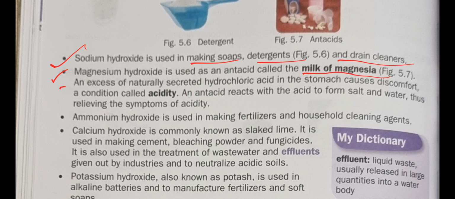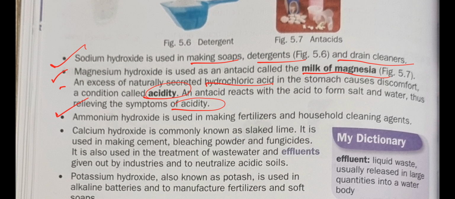An excess of naturally secreted hydrochloric acid in the stomach causes discomfort, a condition called acidity. An antacid reacts with the acid to form salt and water, thus relieving the symptoms of acidity.